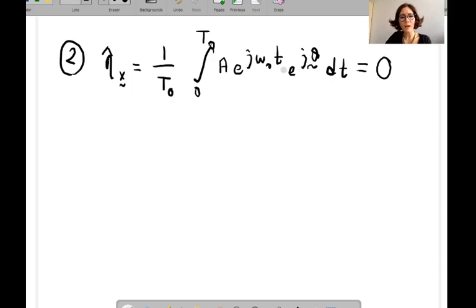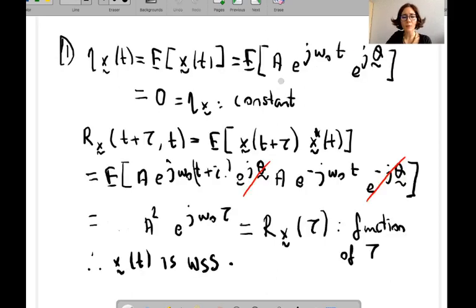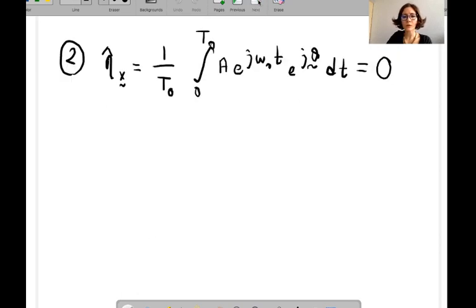So the time average estimate of the mean is equal to 0. Remember, the mean function was also equal to 0, so things are on a good track. We conclude from here that the time average estimate of eta x is actually equal to the mean function. So from this equality, we can conclude that x of t is ergodic in the mean.